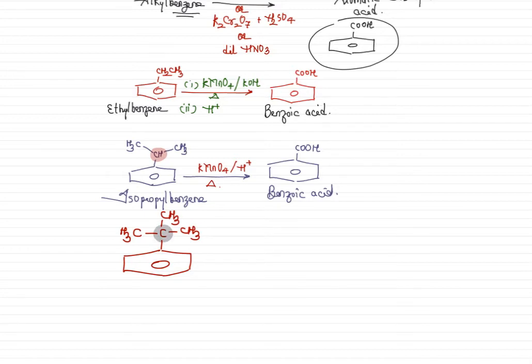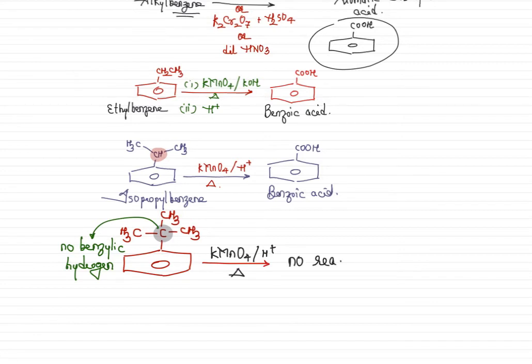So here we say no benzylic hydrogen. In that case, the reaction would not take place, and there would be no reaction. So if I put KMnO4 and H plus and heat, I may write no reaction.